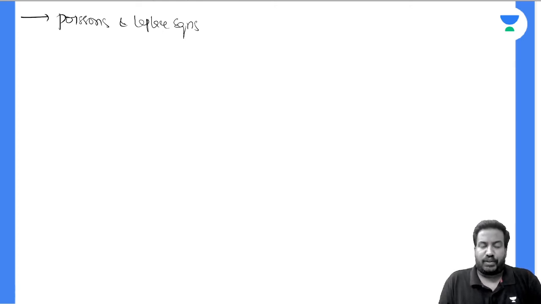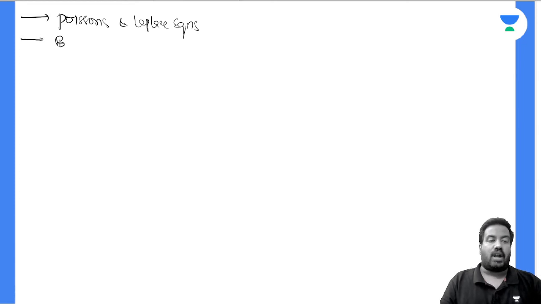You can find a unique approach, probably you can't find anywhere, a unique approach for Poisson's and Laplace equation and detailed solution. Very much useful for engineering services. Chances for asking in engineering services is really very high. So that we have done along with numericals.